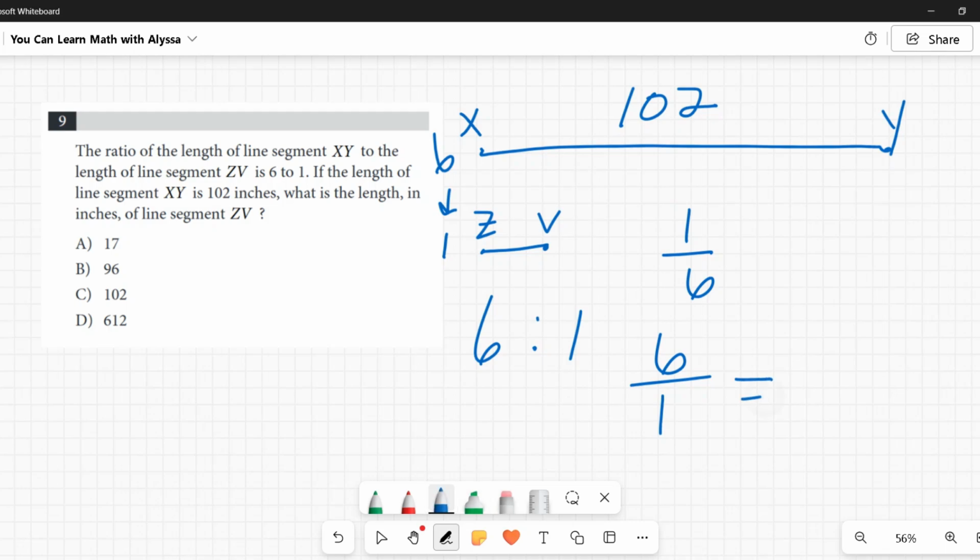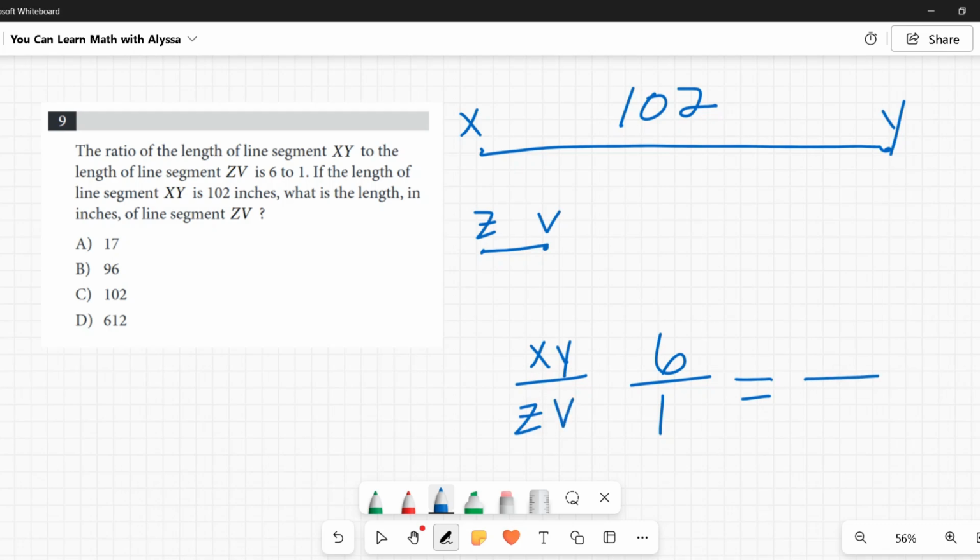I mean that when I say 6 to 1, and I'm going to erase this just for clarity, so we're very clean here, 6 to 1, this is the length of XY, its ratio, its relationship to the length of ZV.